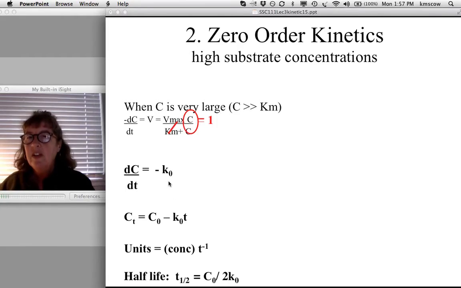It's zero order. It doesn't change. It's not dependent on concentration. The units also are negative time, and you can arrange the equation to solve for concentration at any time. Ct equals initial concentration minus that zero order rate constant times time. And also you can get a half-life from it.